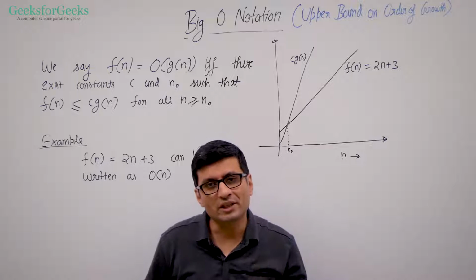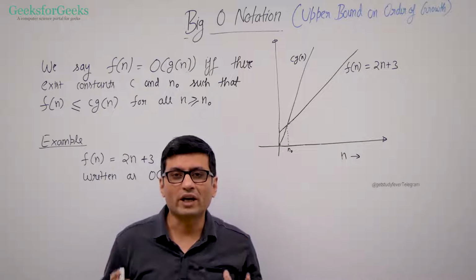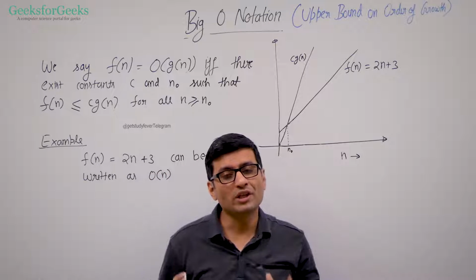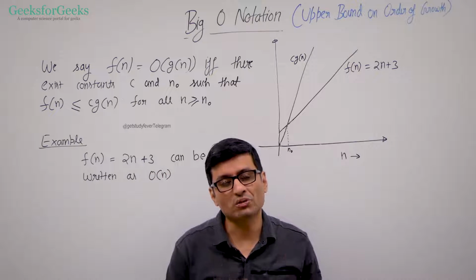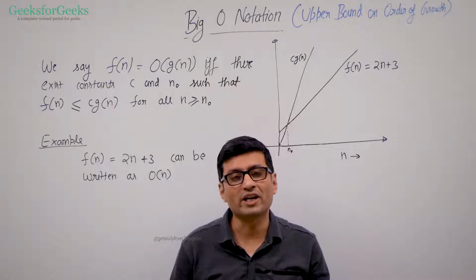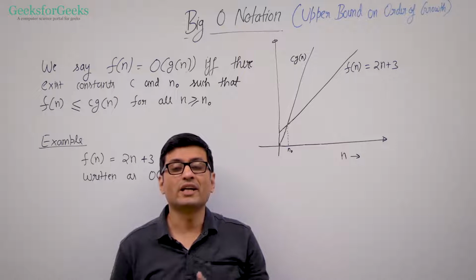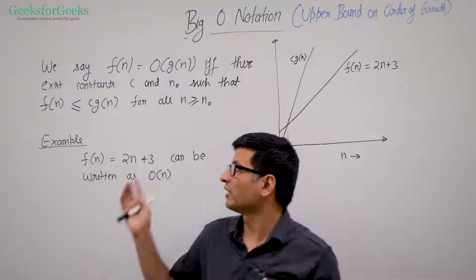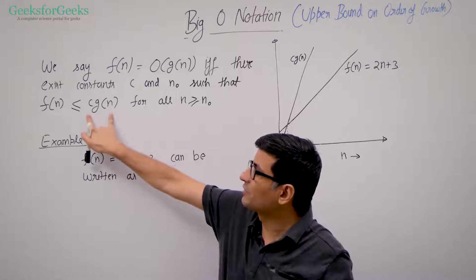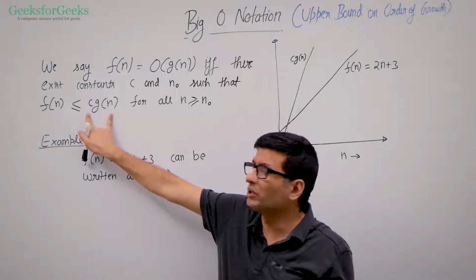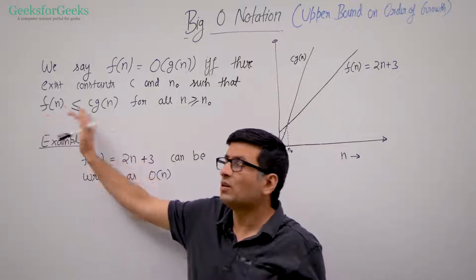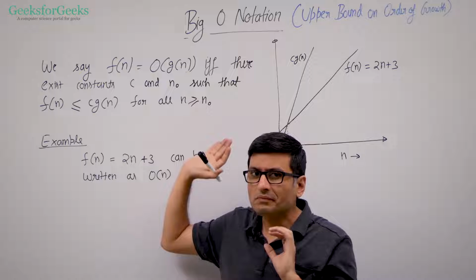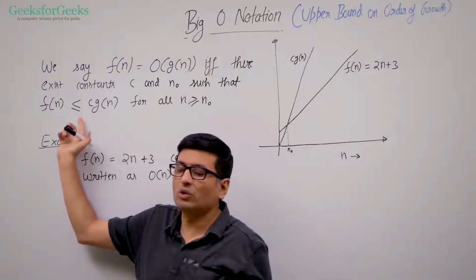What we basically mean is we want to find a function g(n) which is always going to be greater than or equal to f(n) when multiplied with a constant, when we talk about large values of n greater than n naught. Right? So we say that c of g(n) is always greater than or equal to f(n) for all n greater than or equal to n naught. Please note that we have an equal to sign.